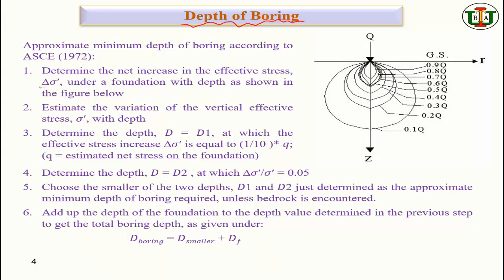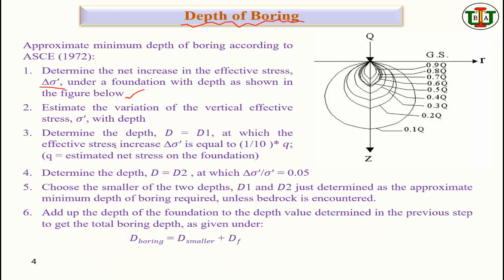We can calculate this del sigma prime under a foundation with depth as shown in the figure below. So we just discussed that figure and estimated the variation of the vertical effective stress, sigma prime. So we can calculate del sigma prime and sigma prime, and from these we can calculate the effective stress variations easily.